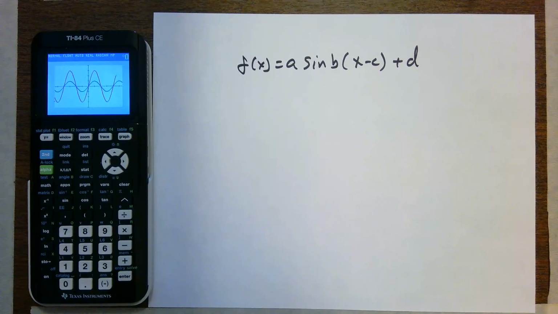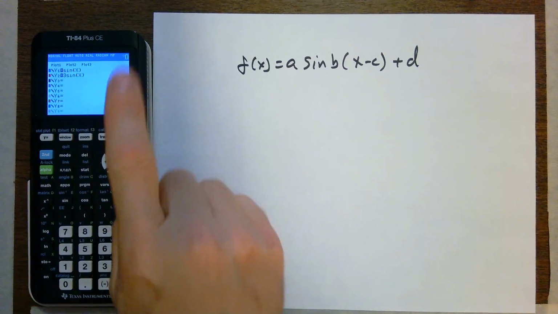Now 3 is the amplitude. Notice what's changed. The maximums and minimums have changed. Instead of being -1 and +1, they're now -3 and +3, but the y-intercepts have not changed. They have not changed at all. It is crossing the y-axis at exactly the same place.